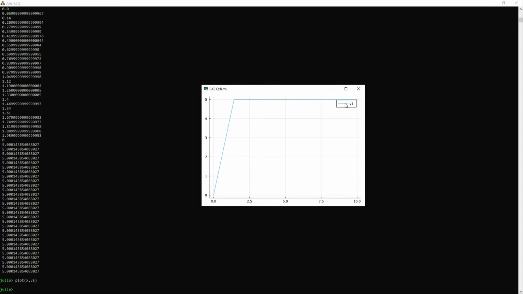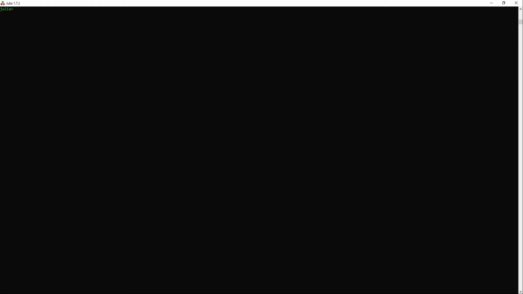Let's try another model now. I have changed the definition of the equation, and the derivative of v in this case is equal to, if the cosine of the actual time instant, and to remove the units from the time variable, we need to divide by u, meaning units, which is seconds.